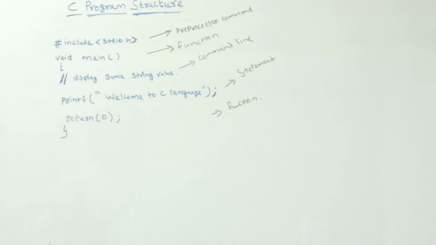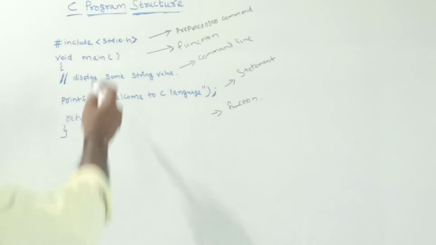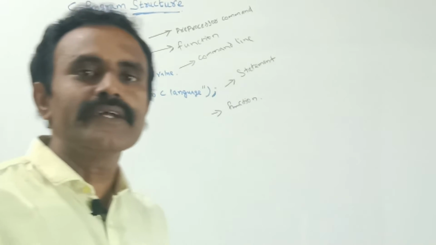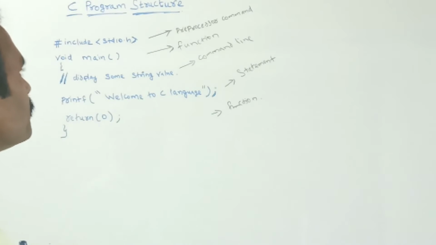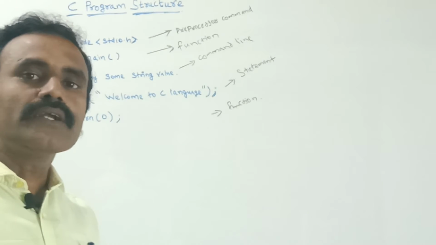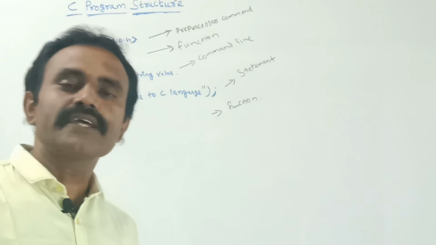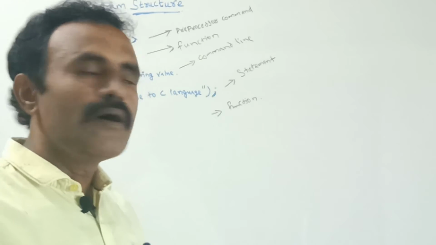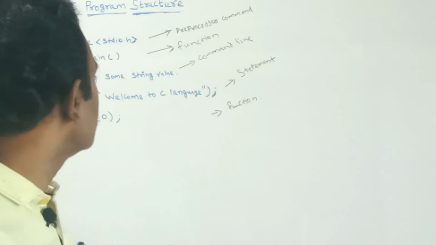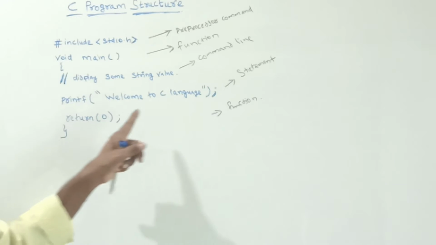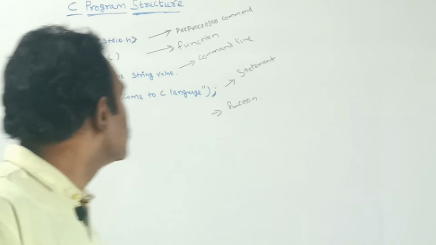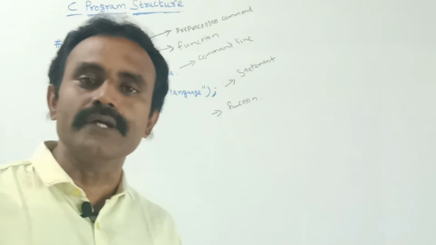Here, stdio.h is the standard input and output header file. The input and output functions we can invoke from this header file. This printf is a function already defined in the header file stdio.h.